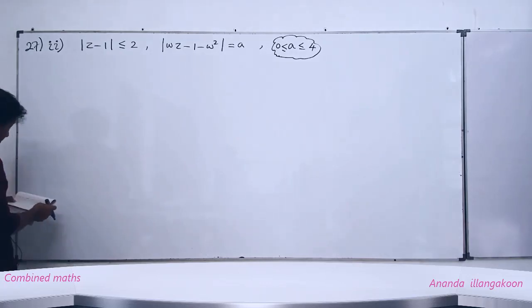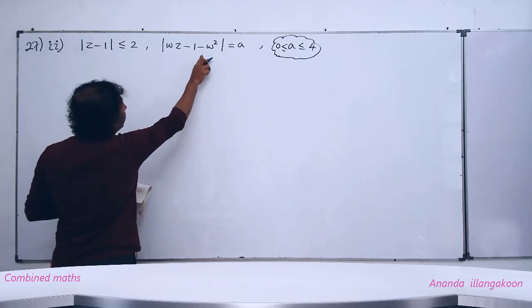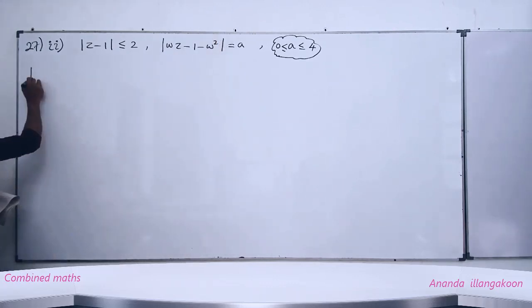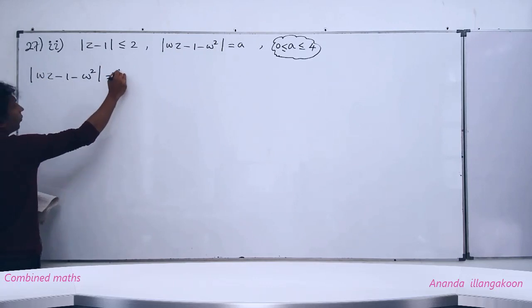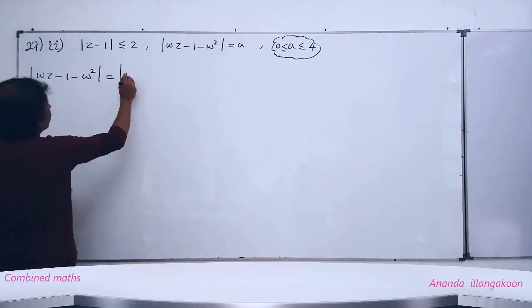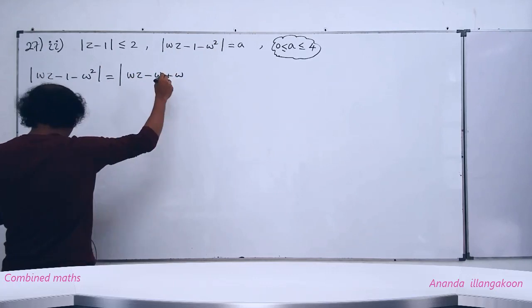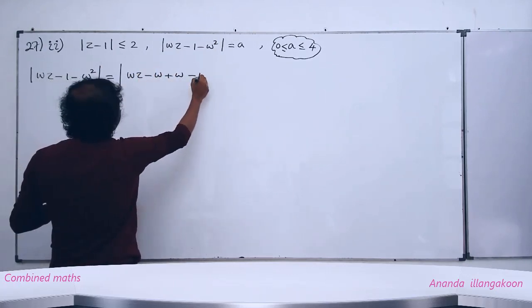Right, so I'm going to write it like this. This one only, A, so I'm going to take modulus of omega z minus 1 minus omega squared, and write it as omega z minus omega plus omega minus 1 minus omega squared.